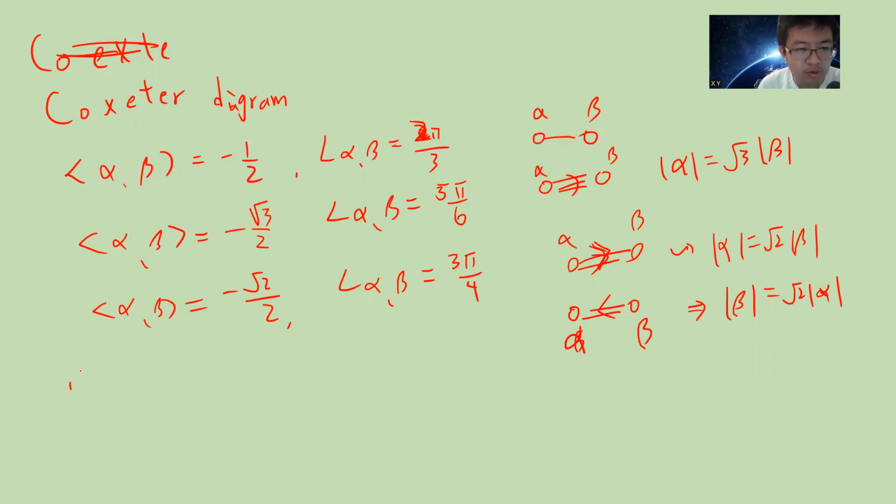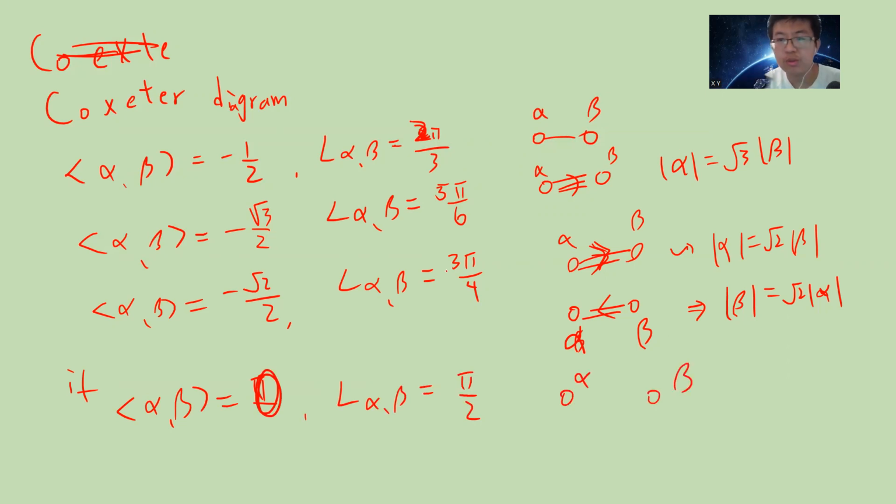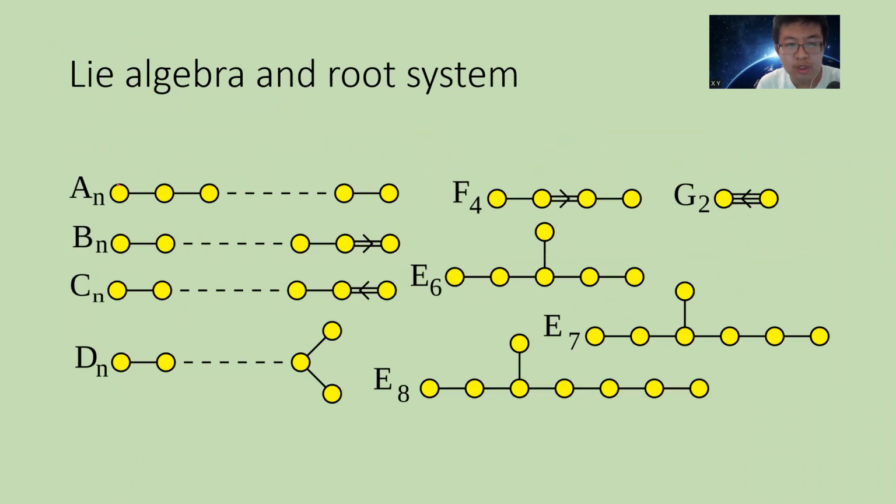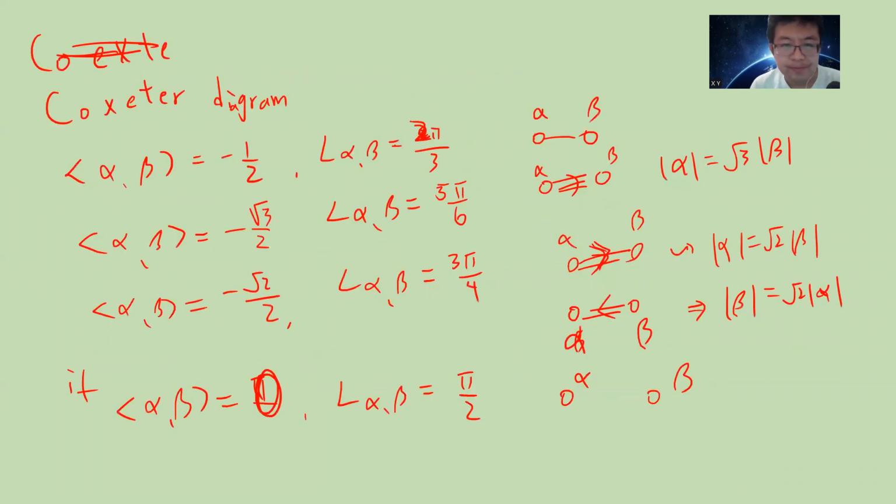And if the inner product is exactly 0, meaning their angle is exactly pi over 2, then we draw nothing. Okay, so now you understand this diagram. It means there are nodes, and each pair of connected nodes has an angle of basically 120 degrees. Now you can read through all this diagram.